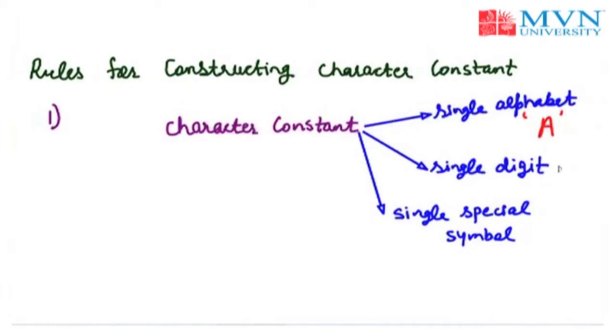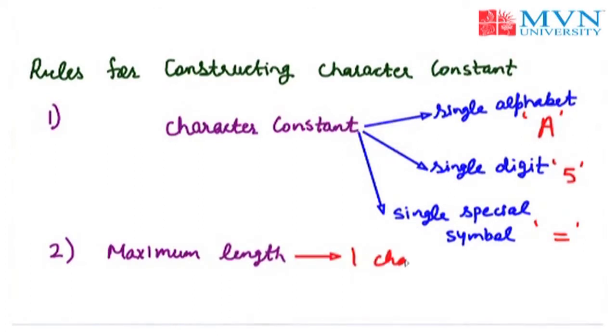Similarly, example of single digit is '5' enclosed within inverted commas, and example of special symbol is '=' enclosed within inverted commas. The second rule for constructing character constant is that the maximum length can be of one character. These are the rules for constructing character constant.